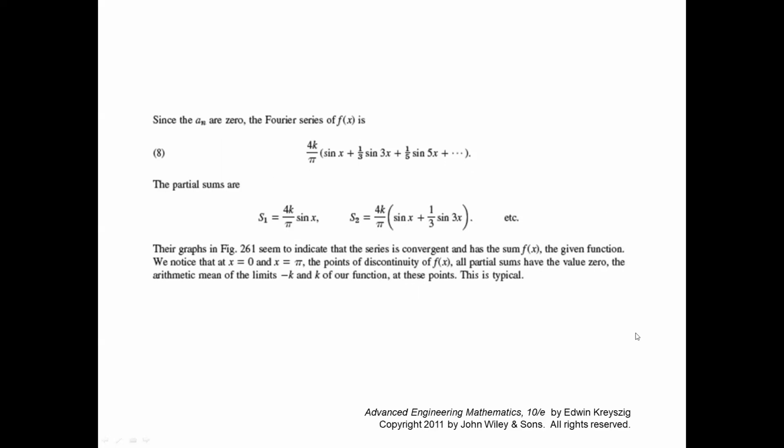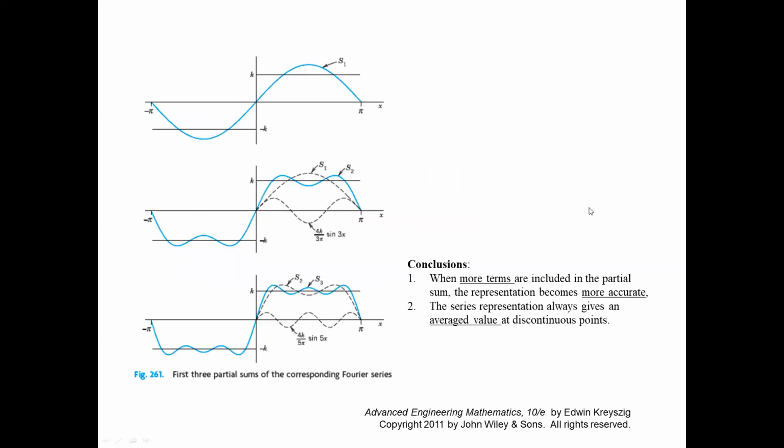And then we can look at the one-term sum. That means S1 is simply the first term. The two-term sum, designated by S sub 2, is the summation of the first two terms, etc. And then the graphic representation of the one-term sum compared with the given function is shown in the first graph.